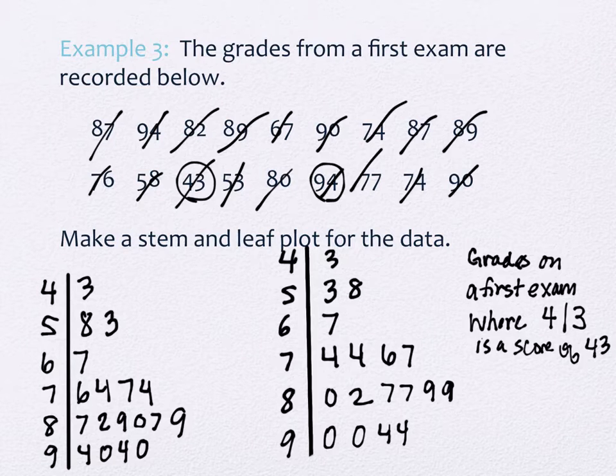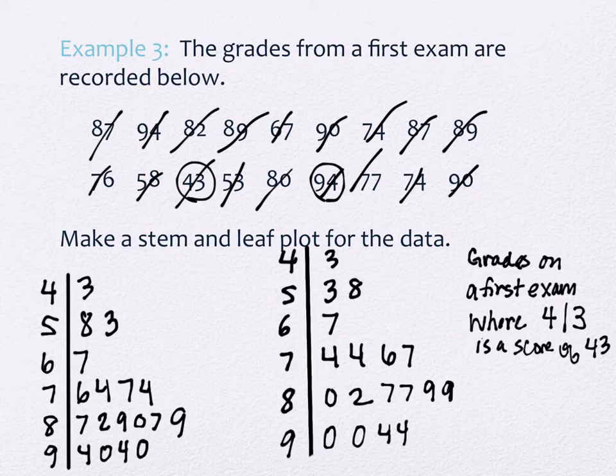Another thing that you can do with a stem and leaf plot is that you can actually compare two different sets of data. So maybe you want to compare this class to the same class that happened a year ago. Or maybe you want to compare this class's exam 1 to this class's exam 2, right? Are they making any progress in how to take a test in my class?